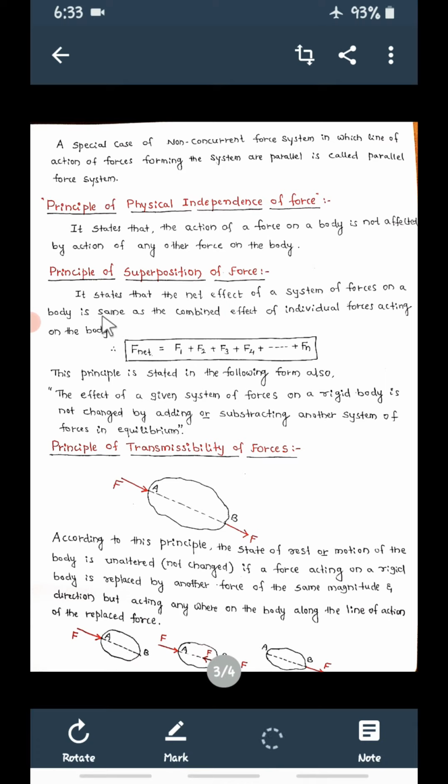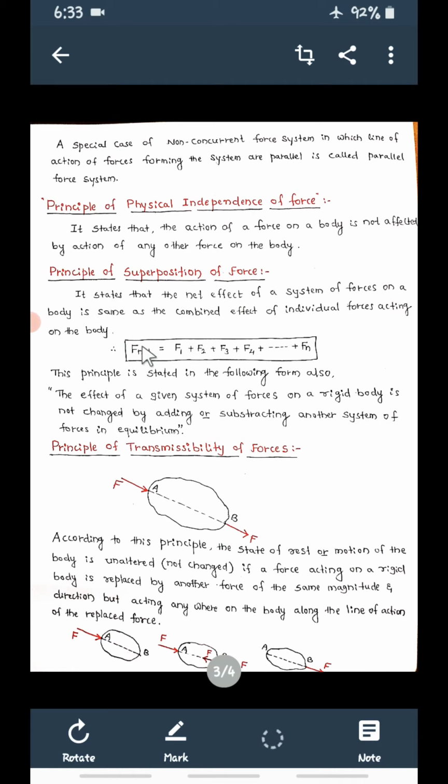So again, it gives the same meaning as what the physical independence of force says. It states that the total effect of a system of forces on a body is the same as the combined effect of individual forces acting on the body.